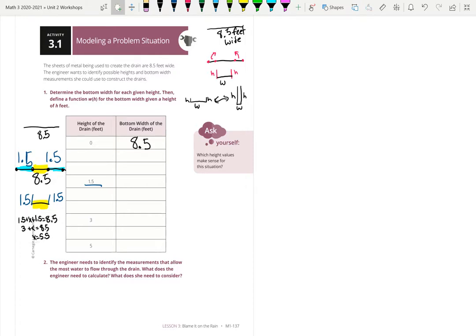So what we're going to do here is we know it's going to be 5.5. Notice the process. To do 3, I want it to be 3 feet on the side. And if I started with 8.5, 3 plus something plus 3 is equal to the original size of the metal.